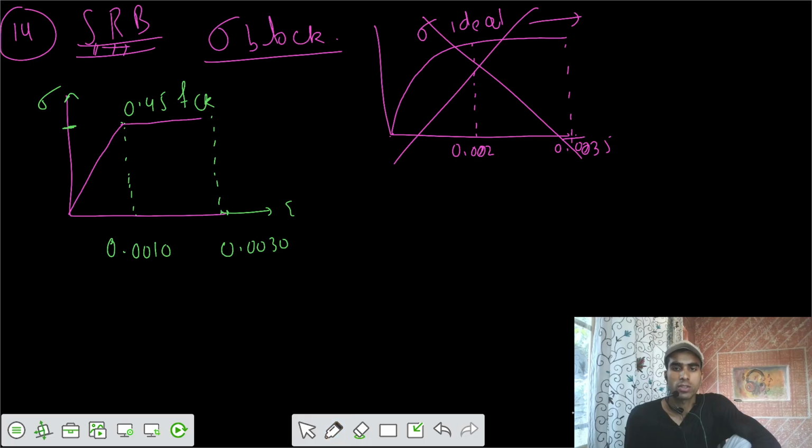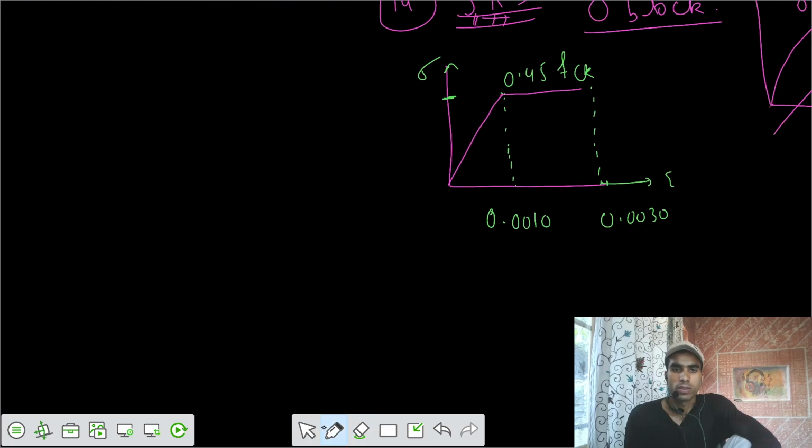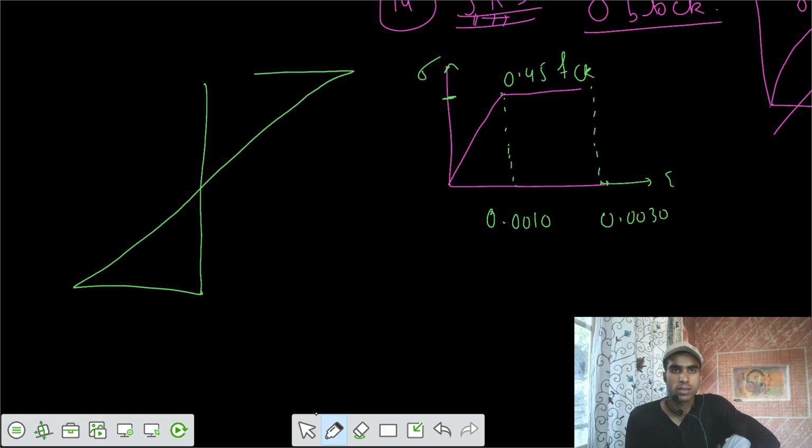If you want to make the stress block out of it, there is some strain variation, and there is some neutral axis, and some depth of neutral axis that we call xu. The strain at the outermost compressive fiber, because this diagram is all about the compression test. This does not care about the flexure.